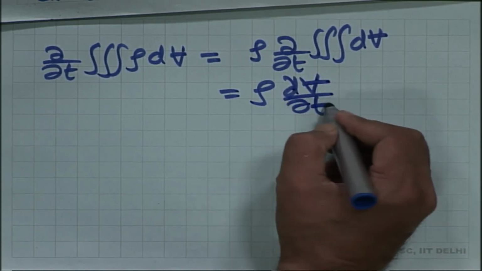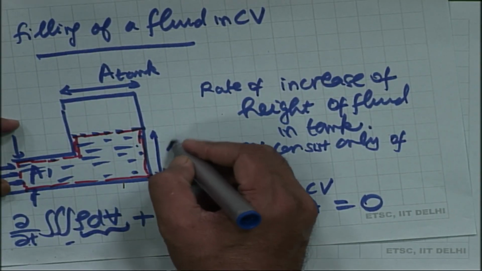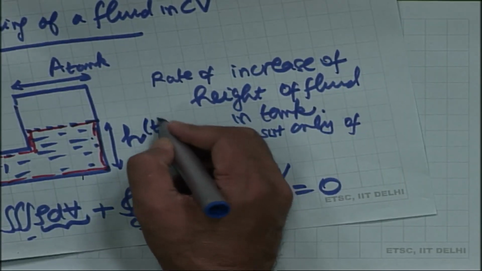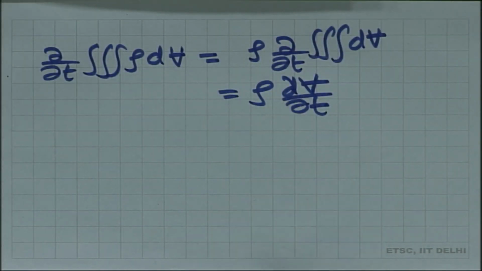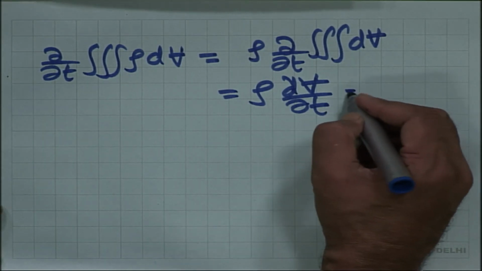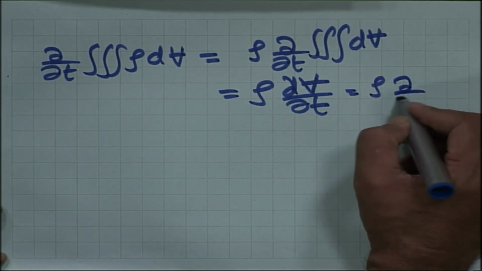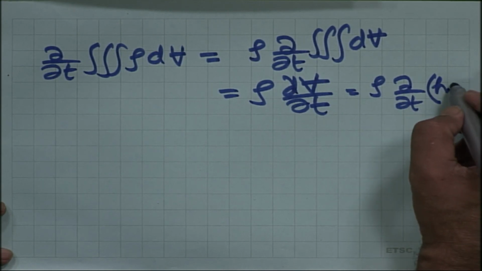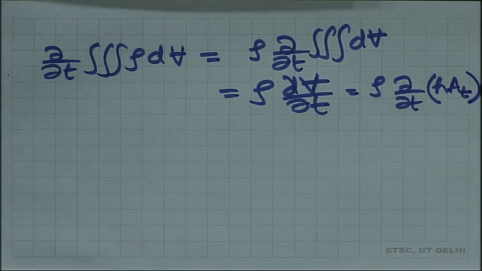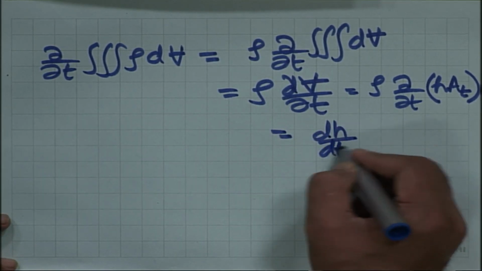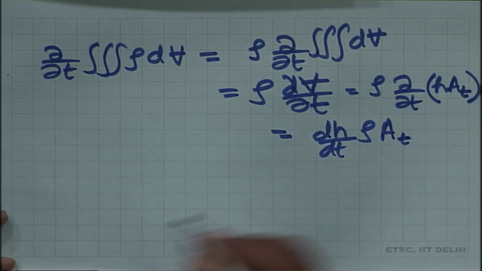If this is h, the height which is a function of time, which is what you want to find, you want to find dH by dt. So, this becomes rho times d by dt of the volume, and the volume is equal to h times A tank. So, this becomes equal to dH by dt rho times A tank.